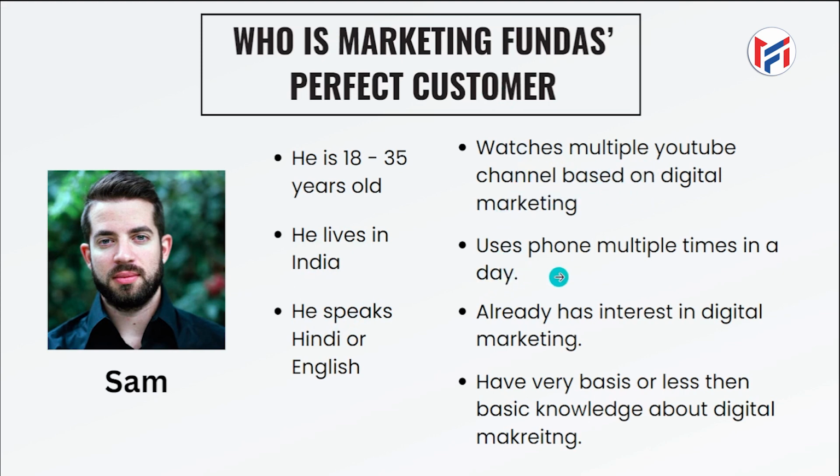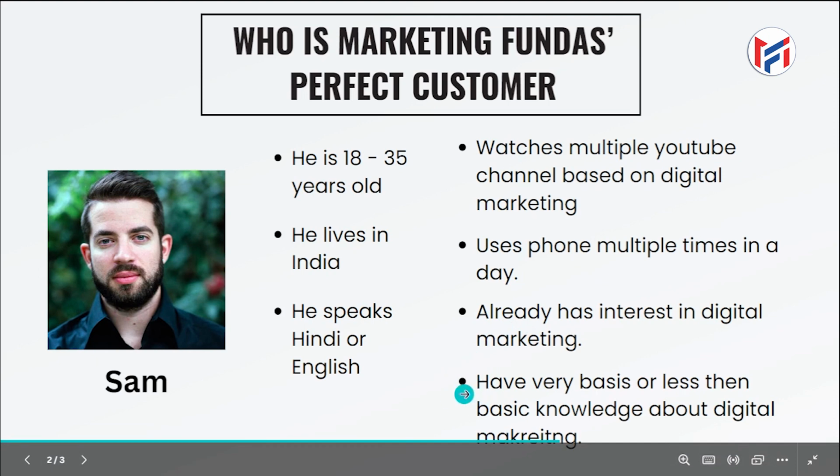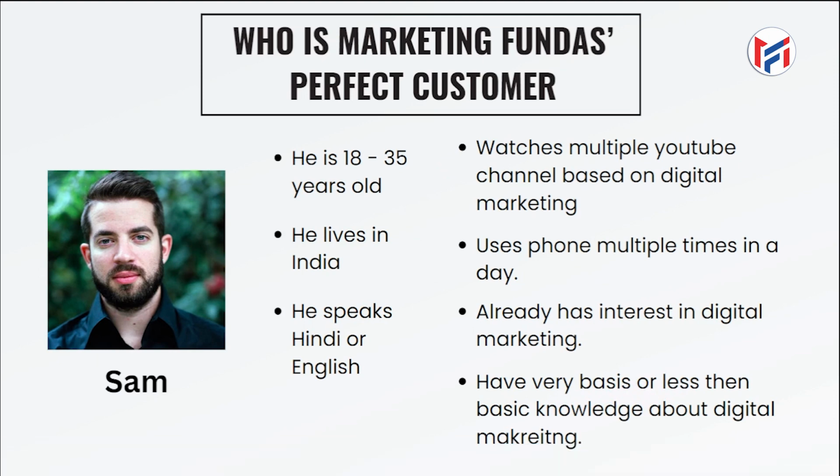Then uses phone multiple times in a day, then already has interest in digital marketing. And here I have mentioned one more point, has very basic or less than basic knowledge about digital marketing. So this is our kind of a perfect or exact customer when we talk about our institute part, right?